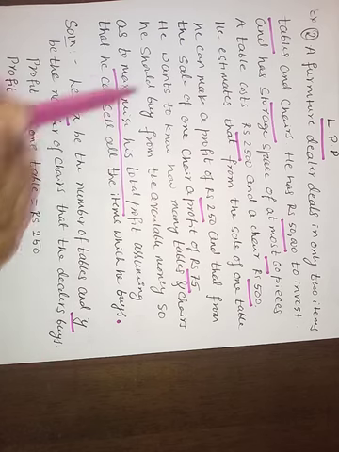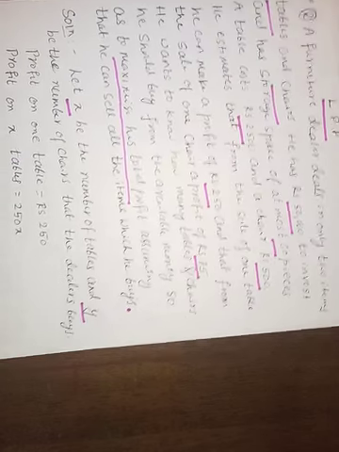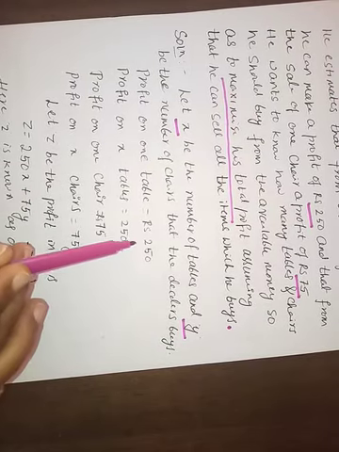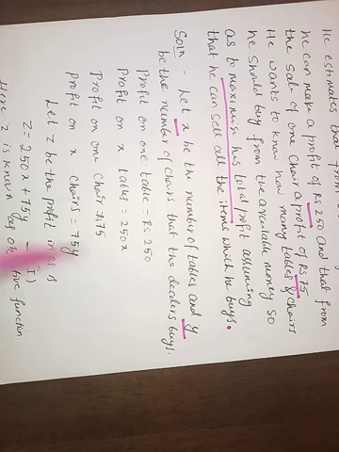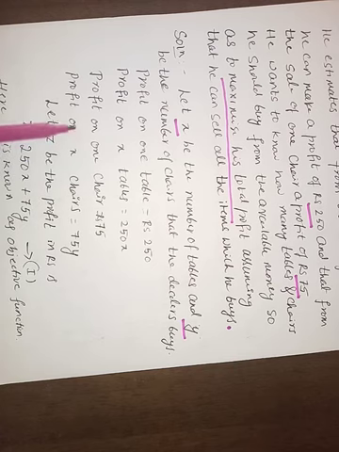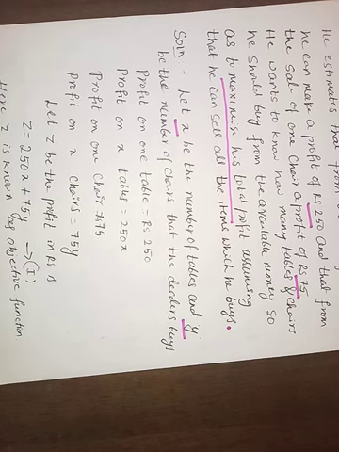Profit on one table is 250 rupees. Therefore, profit on x tables is 250x, as we have already studied in the previous example. Continuing, profit on one chair is 75 rupees, so profit on y chairs will be 75y.